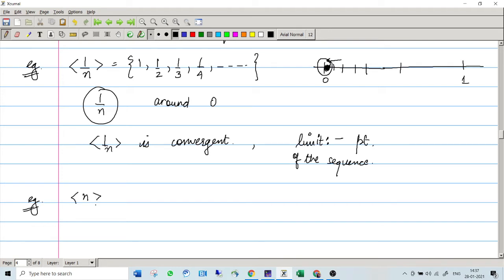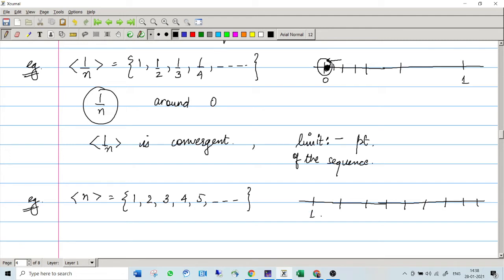Let us consider the other sequence n. Means you have 1, 2, 3, 4, 5 and so on. Means your terms are 1, 2, 3, 4, 5, 6 and so on. So are they forming a cluster around anywhere? Are they becoming dense around any point?